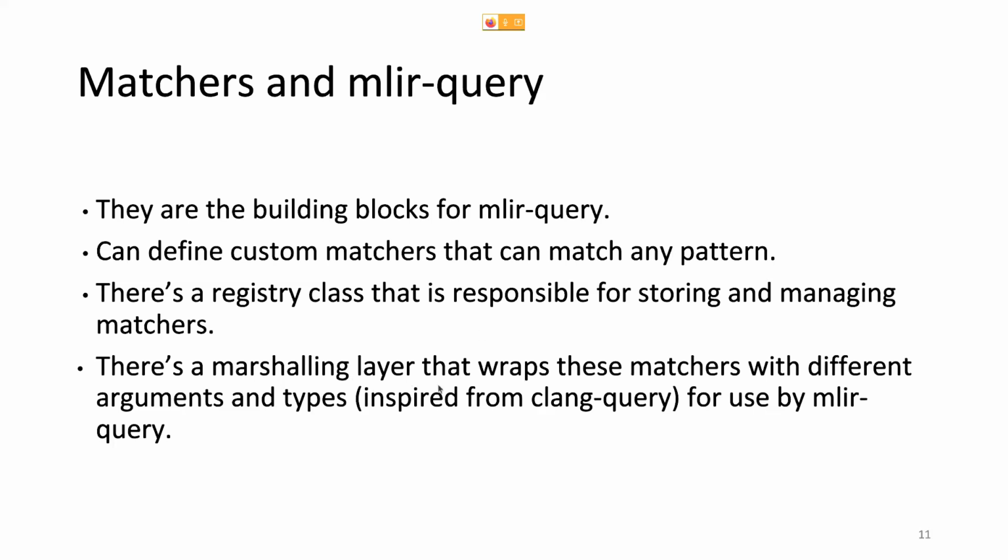And then there's a marshalling layer that wraps these matchers with different arguments and infers the arguments and types for use. This mechanism is inspired by clang-query, which does something very similar. There's a marshalling layer in clang-query as well.